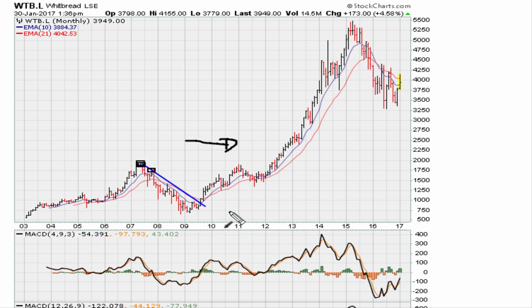Once you move above a primary trend line, it tends to be a reliable change in direction and sentiment. We can see here that once the stock cleared that primary trend line, we start moving higher off the lows of early 2009. Now this works also in terms of indicators, trend line and price trend line.